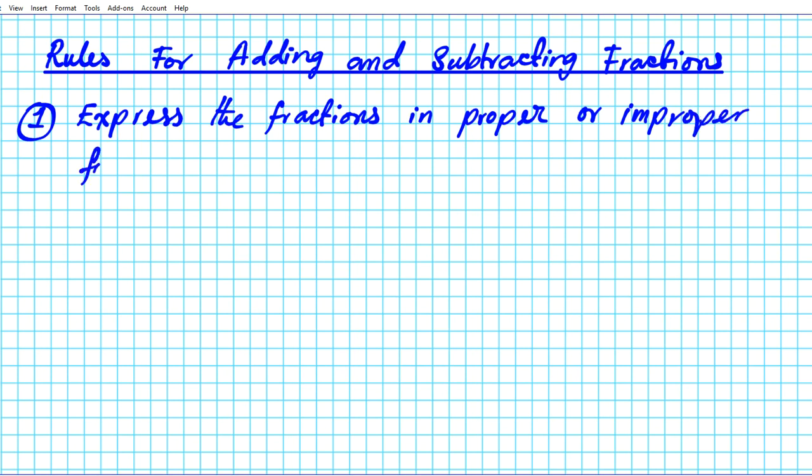What does that mean? It basically means that if you have, for instance, a mixed number or a whole number, you convert them into improper fractions. So mixed and whole numbers get converted to improper fractions.